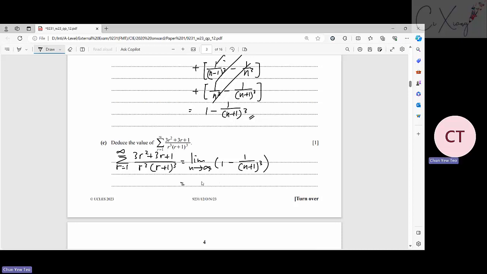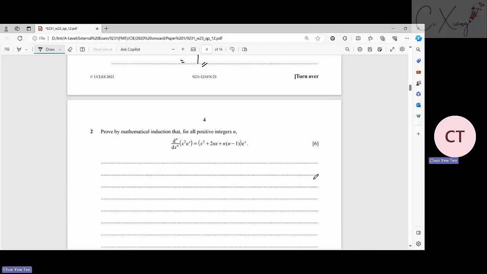When n approaches infinity, this will become 0. So at the end, it will be 1 minus 0, and we just write it as 1. Just like this. Done.